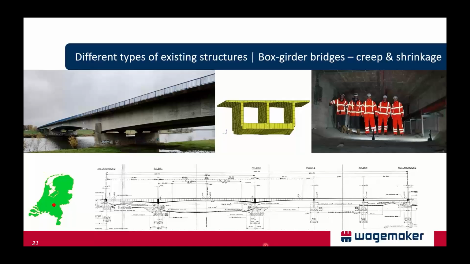For this particular bridge, a global assessment is being done by other colleagues, and with Diana, we particularly focus on the creep and shrinkage, which I will present about now. And currently, I'm busy doing an assessment of the transverse walls inside the box-girder.